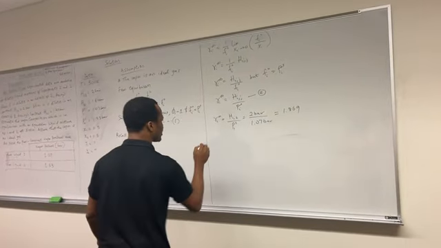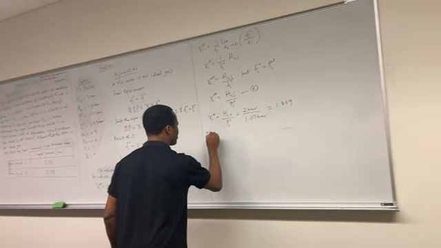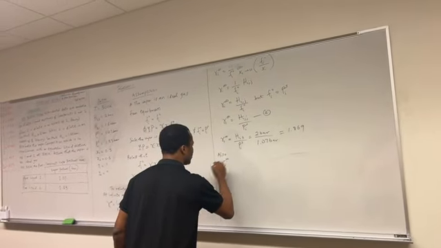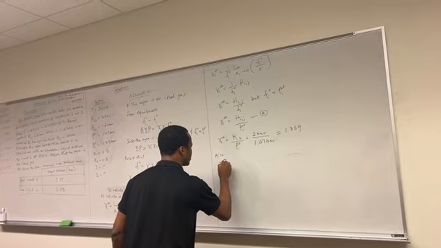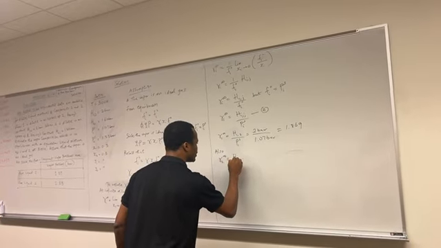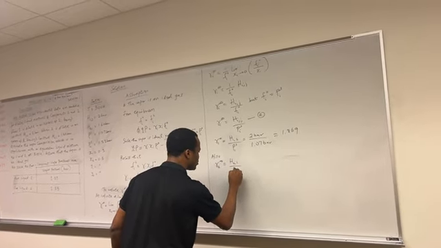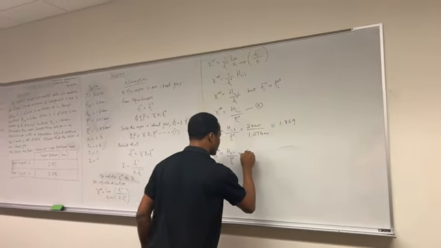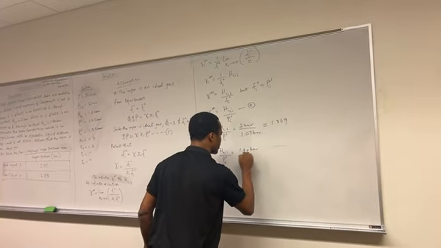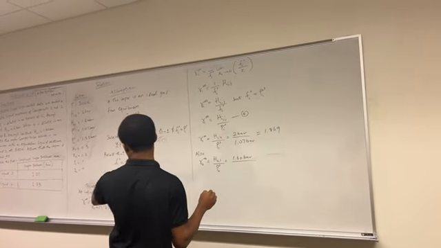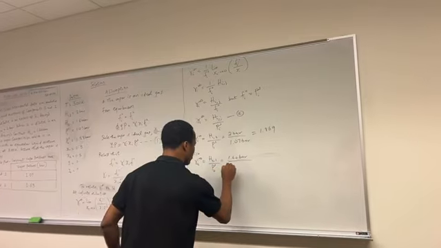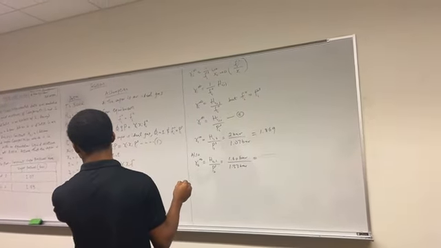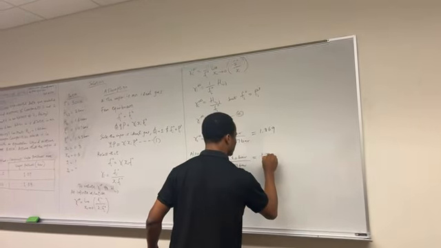The same thing applies to the second component. So we have gamma 2 at infinite dilution equal to H21 over P2 sat. Our H21 is 1.60 bar upon our P2 sat, which is 1.33 bar. Dividing this over this, we have 1.203.